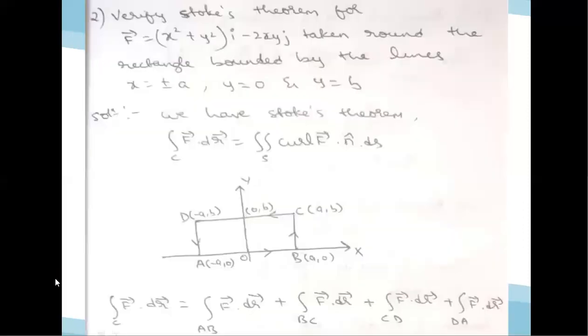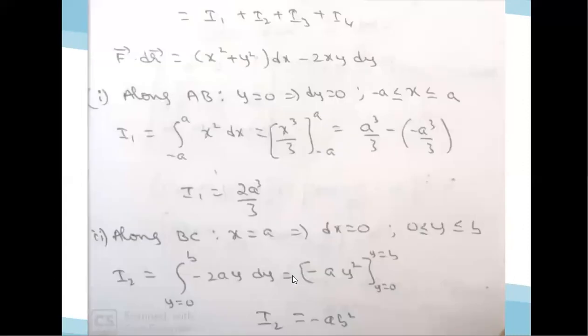So what is our I2? This is the integral. In this dot product, we have to replace x by a and dx by 0. If you substitute dx by 0, the first term vanishes. In I2, the first term vanishes. Minus 2x, where x is replaced by a, so you get minus 2ay into dy.